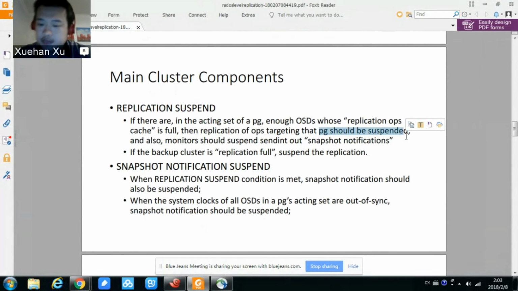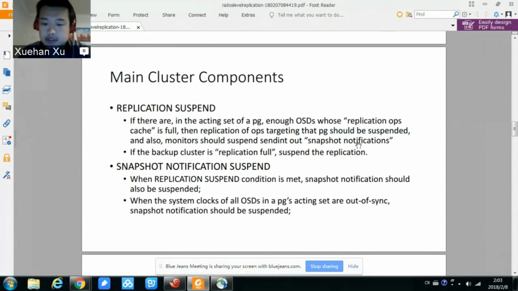By this we mean that, for example, if the replication ops cache of all the OSDs holding a PG is full, then the replication for ops targeting that PG should be suspended.